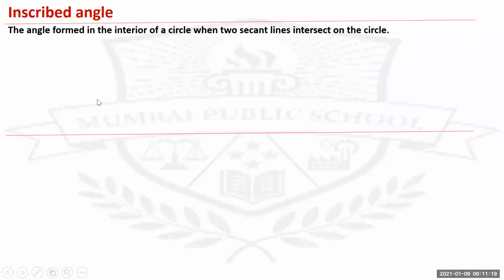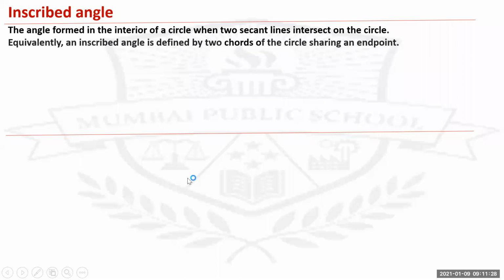The angle formed in the interior of the circle when two secant lines intersect on the circle. Equivalently, an inscribed angle is defined by two chords of the circle sharing an endpoint. So if two chords meet at one point, they are sharing an endpoint, and the angle formed there is the inscribed angle.